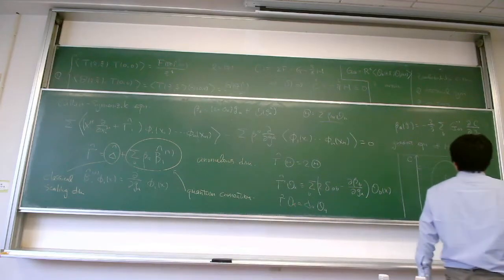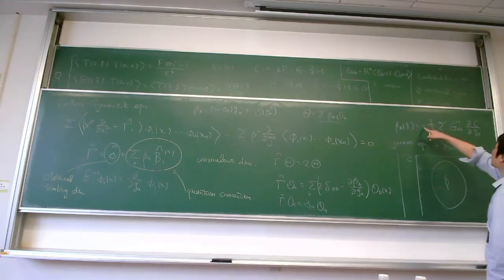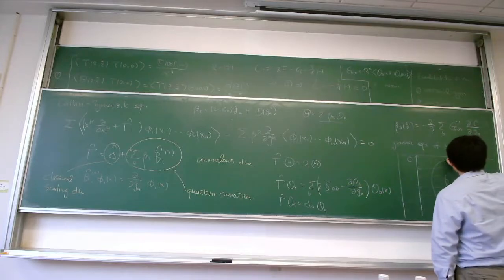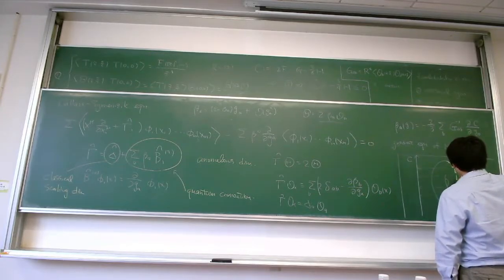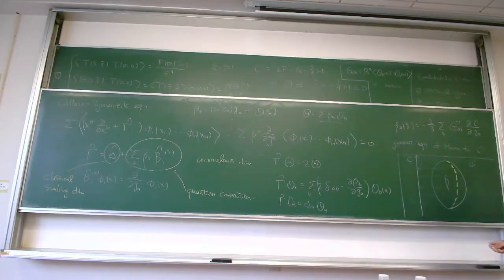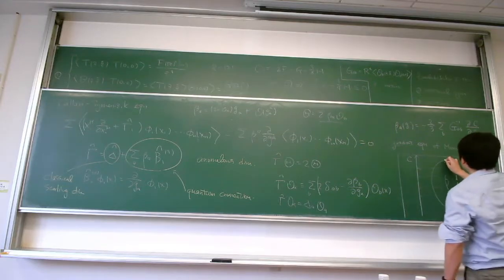Since there's a minus sign, the gradient vector flow moves this way. And the fixed point is indeed when this derivative becomes 0. Okay, the fixed point is here.